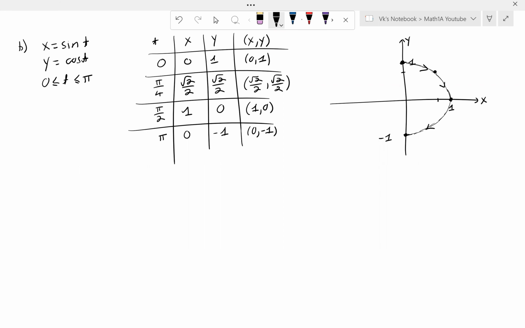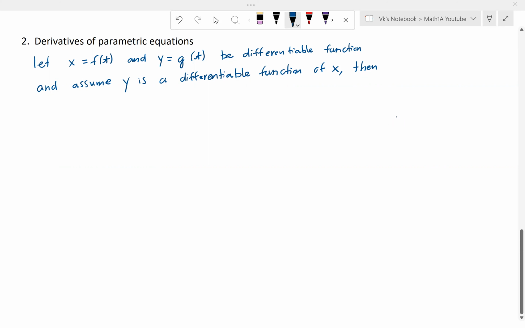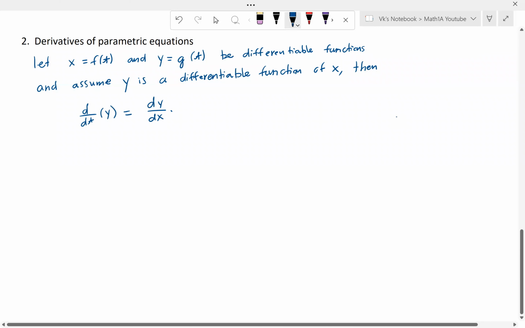Next, let's take a look at the derivative of parametric equations. Let x equals f of t and y equals g of t be differentiable functions and assume y is a differentiable function of x. Then the derivative with respect to t of y is dy over dx multiplied by dx over dt by the chain rule.